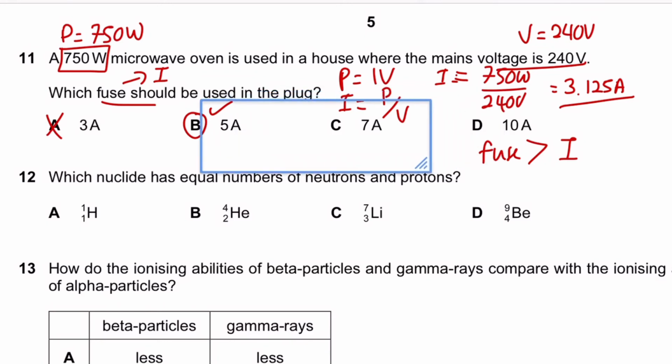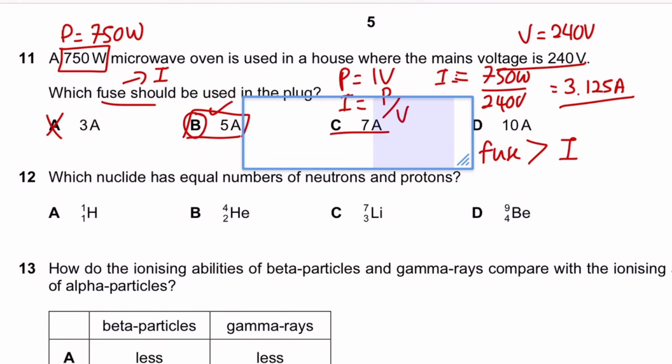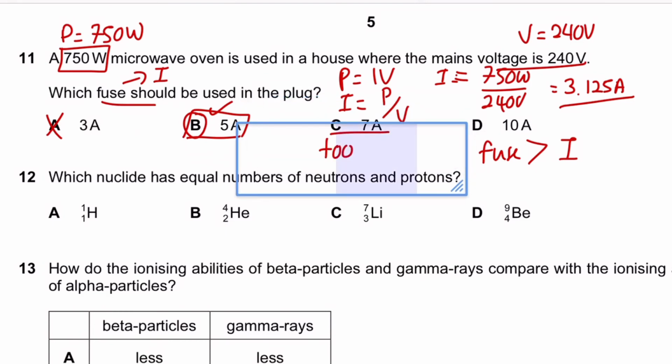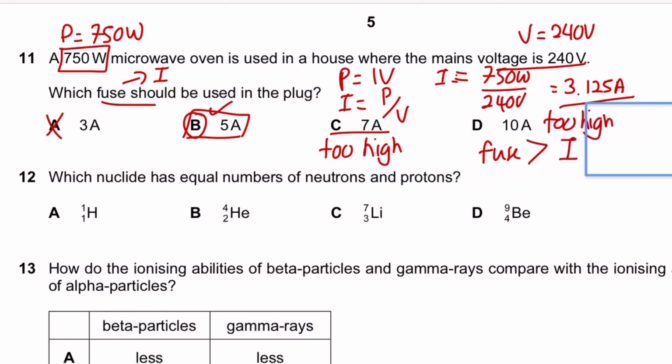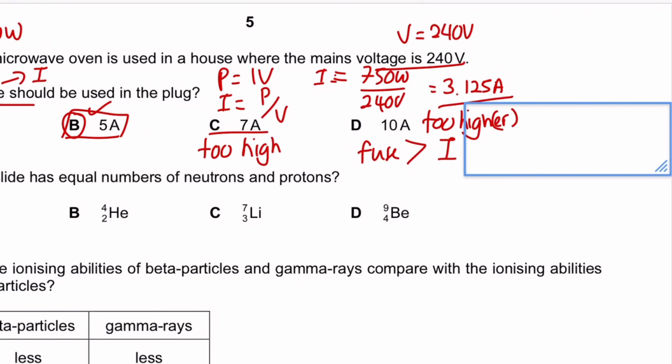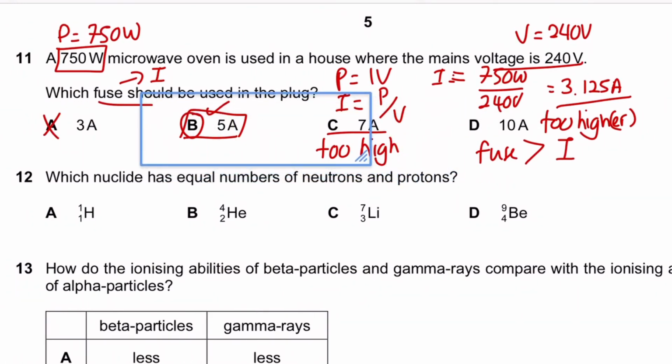So it must be close but higher than the current calculated. So B is the answer. This is too high. This is even higher. Way too high for fuse rating. So B is the answer.